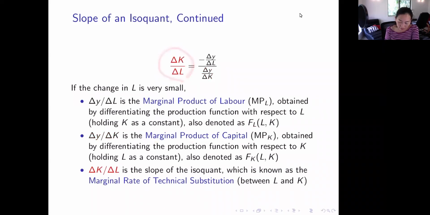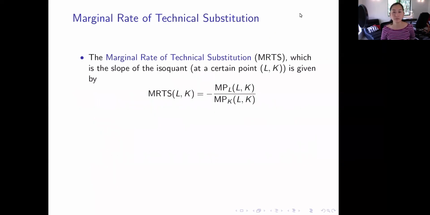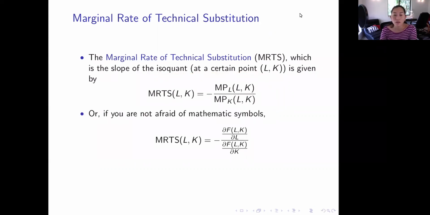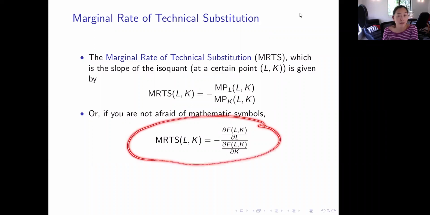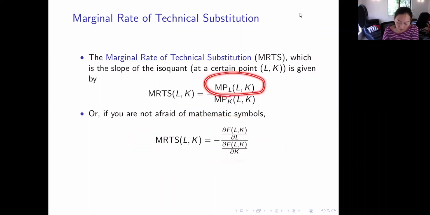Change in K over change in L is the slope of the isoquant, which is also known as the marginal rate of technical substitution between L and K. And this is our famous equation, or the slope of the isoquant. Or you can rewrite it like this, the same thing, because this one is just the partial derivative of the production function with respect to L. And this term is the partial derivative of the production function with respect to K, or MPK.